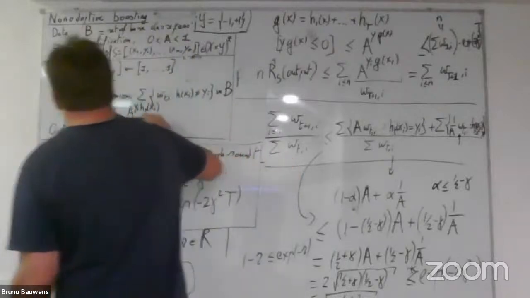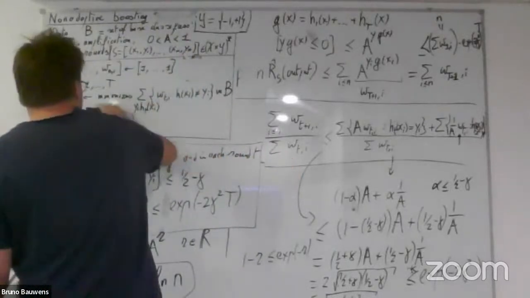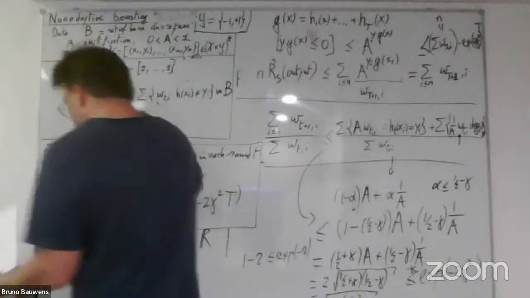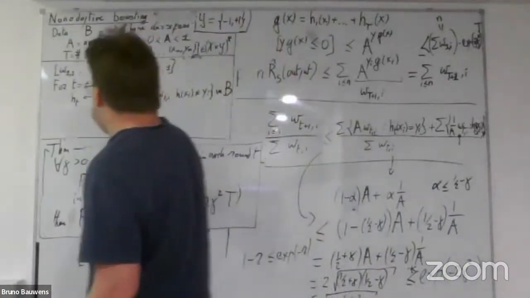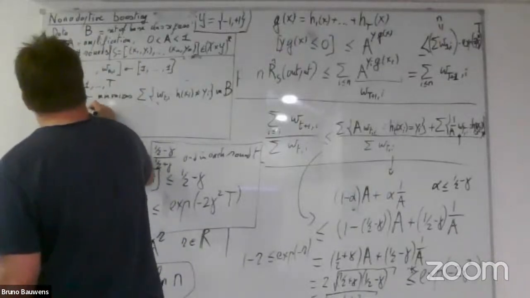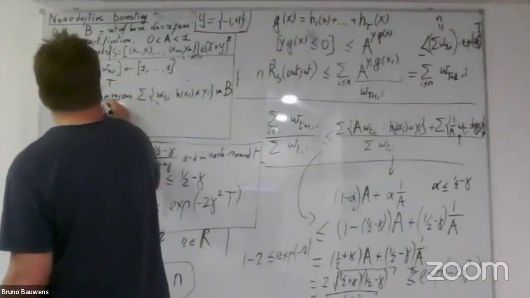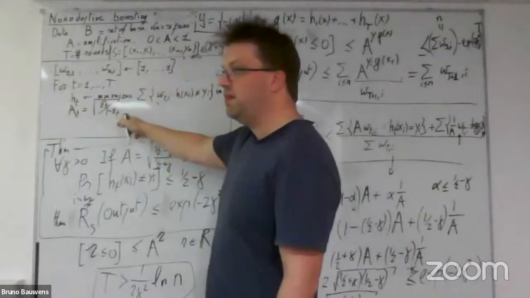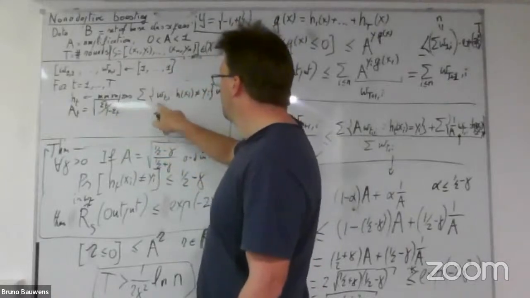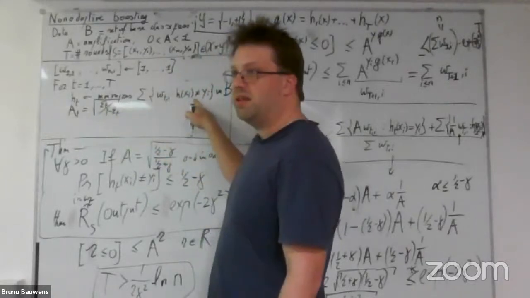And so we will say that A_t is equal to the square root of epsilon_t divided by 1 minus epsilon_t. Epsilon_t will be the fraction of weight of misclassified points.